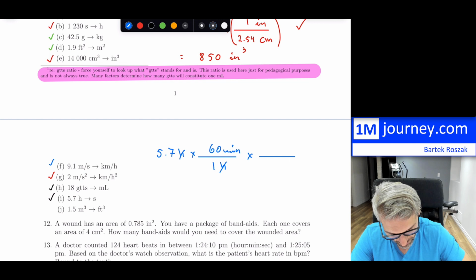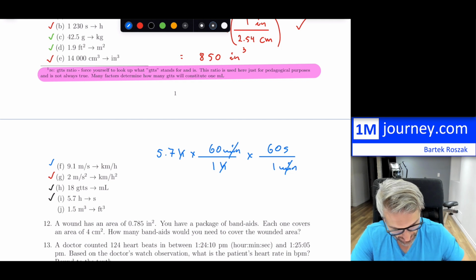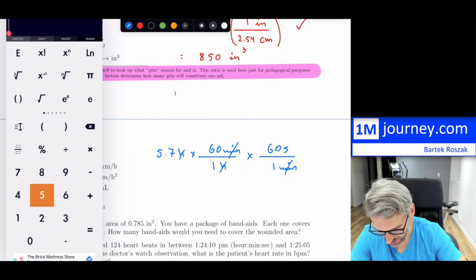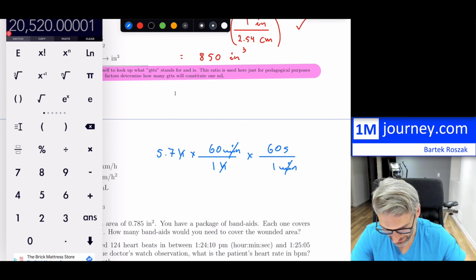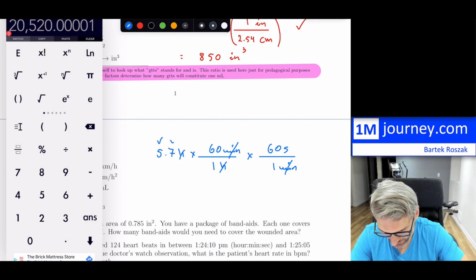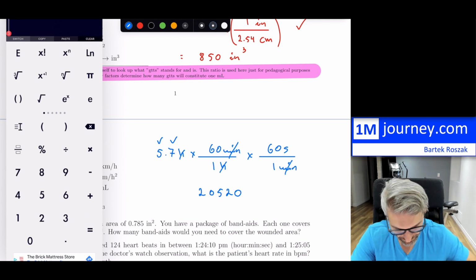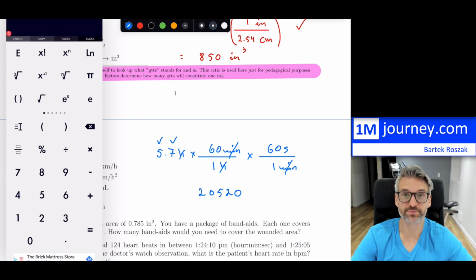Now we want to get rid of the minutes. Now we know that there are 60 seconds in 1 minute, so the minutes will cancel. So this is going to be 5.7 multiplied by 60 multiplied by 60. Now this is two significant figures, so I have to be careful how I write this out. So this is what I have right there, 20520.